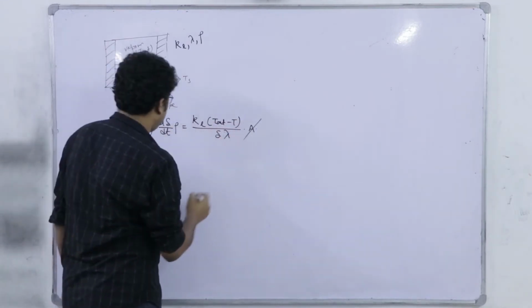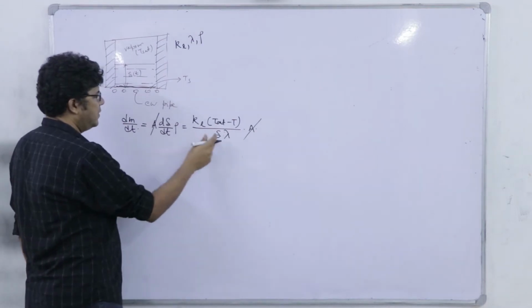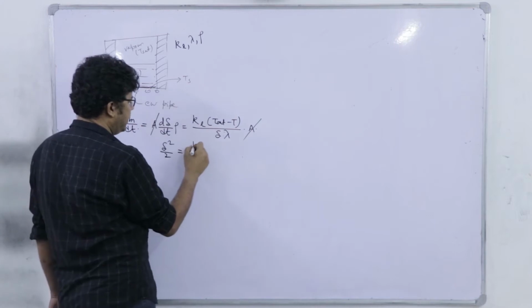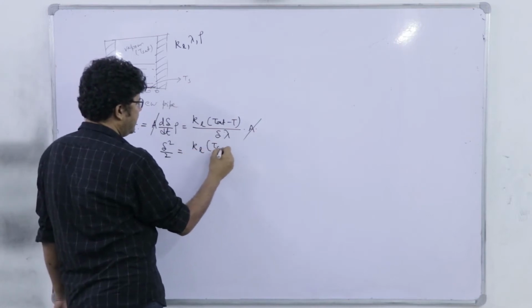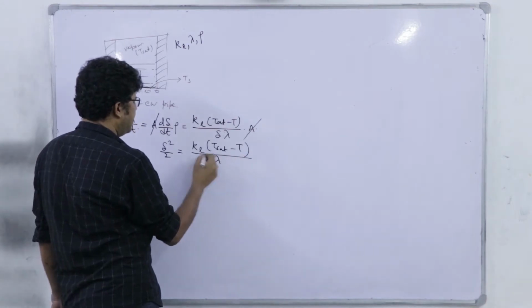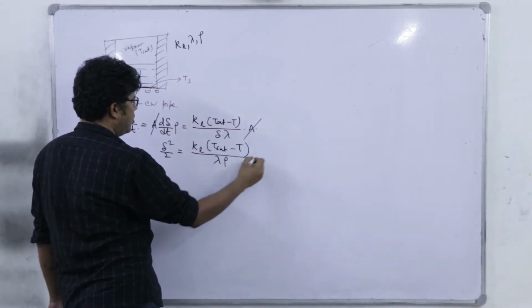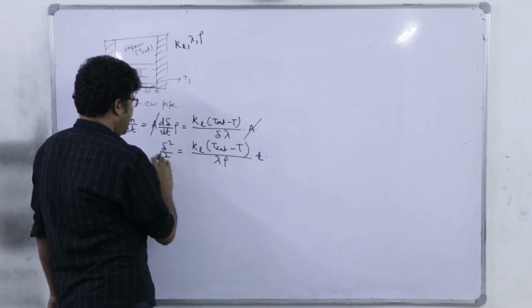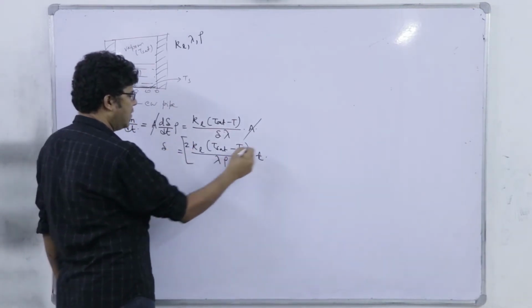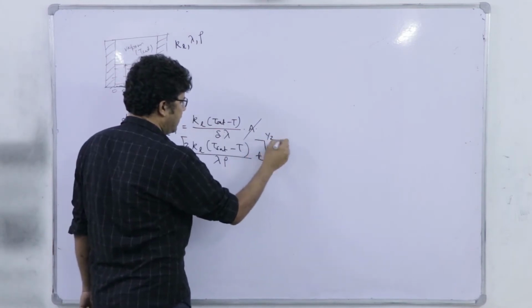So, area cancels out and we have delta square by 2 is equal to KL into Tsat minus Ts into t divided by lambda into rho. So, delta will vary like 2 of this to the power half.